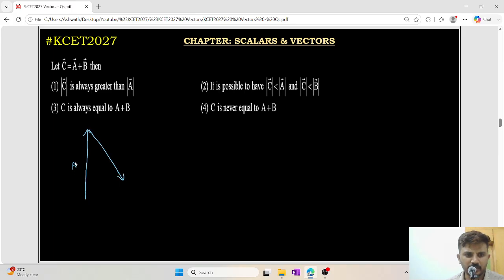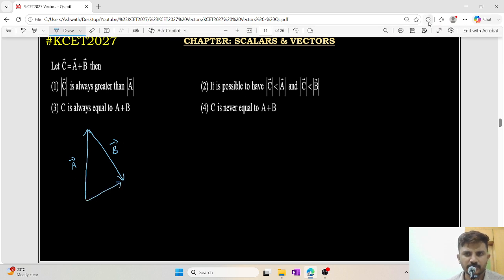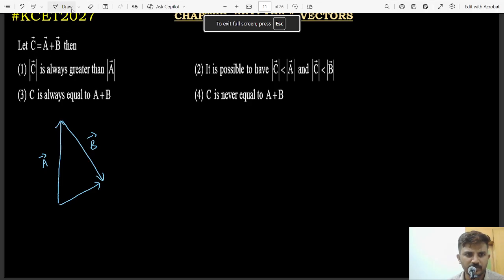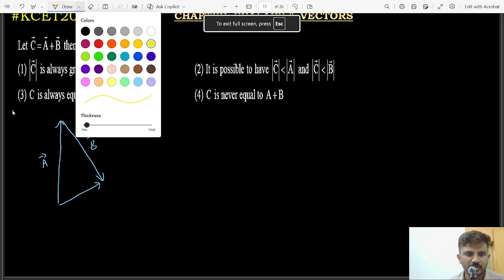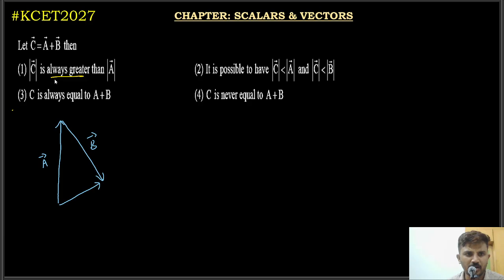Let's consider this is vector A and vector B. Look at this, C value can be less than A and B. Correct, no? C value can be less than A and B. It is not always greater than A and B.